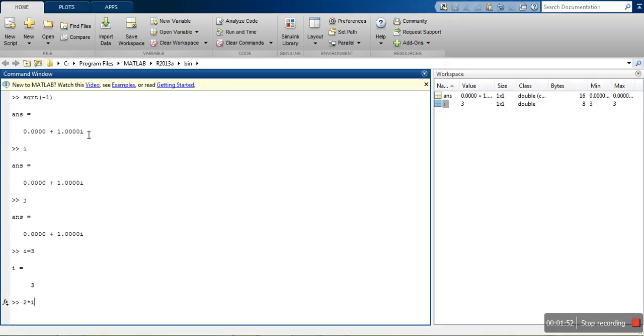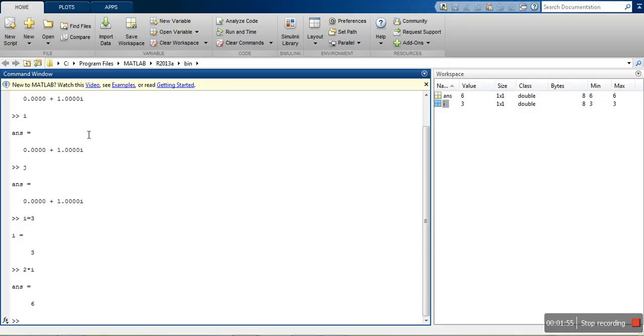So see what is the value in this case. What MATLAB will evaluate is 2 multiplied by i, and i is defined as 3. So 2 multiplied by 3 is equal to 6. That is the answer. But what if we don't put the sign of multiplication between 2 and i?